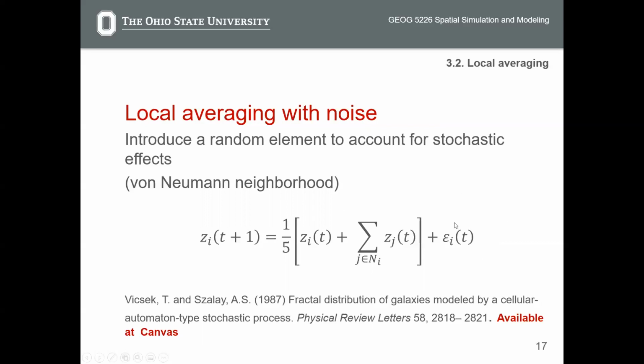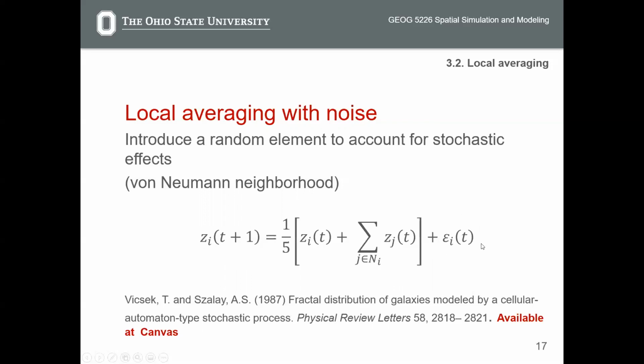You add it to affect the value of i after the next tick. This part is random, so you cannot predict it. So local averaging is the first term on the right side of this formula, and the noise is the second term.